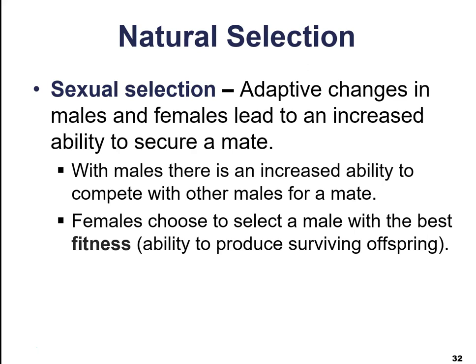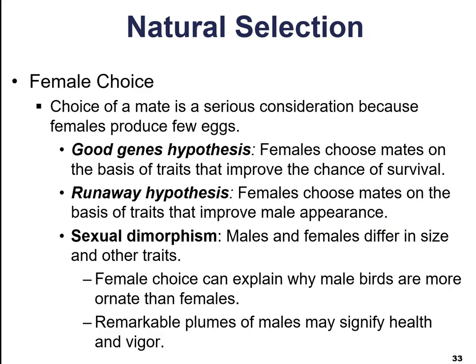If they're bigger and stronger, they can fight other males off and basically be the ones that will mate with those females. For females, they choose to select a male with the best fitness, the ability to produce surviving offspring. And so that's going to obviously affect that population.